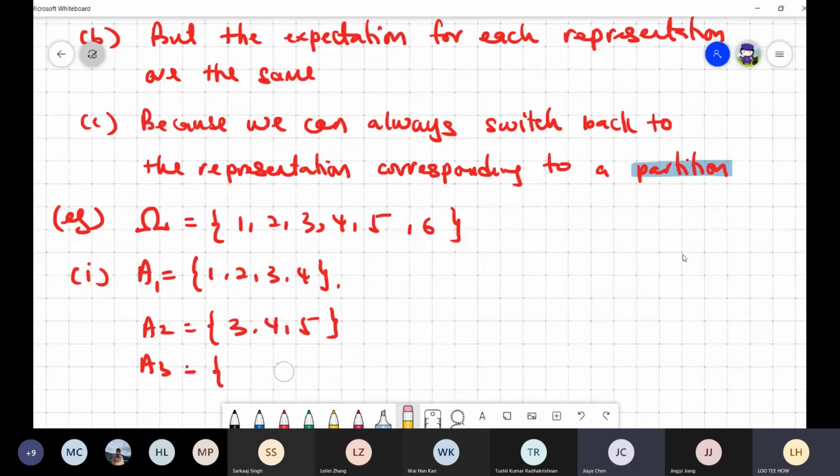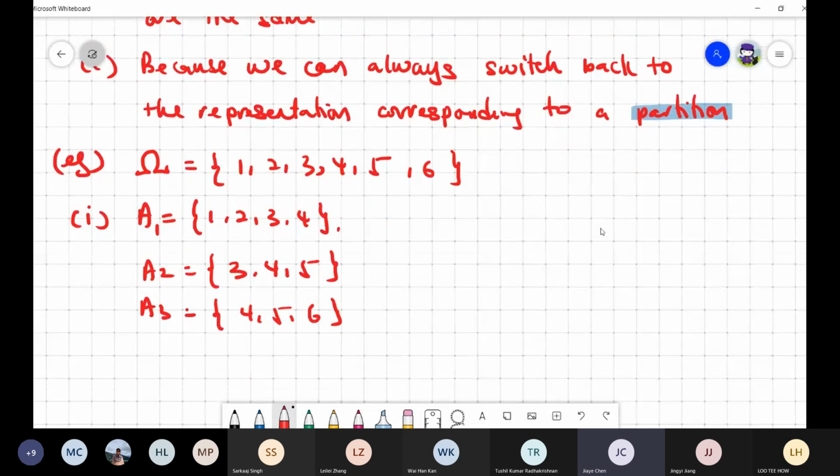We take our X to be, any number you like, maybe 7 times 1 plus 2 plus 3.